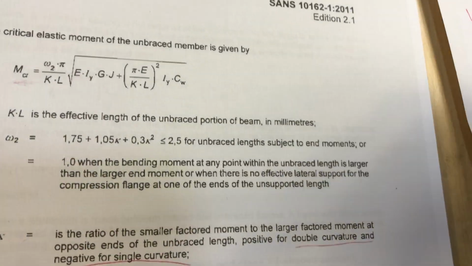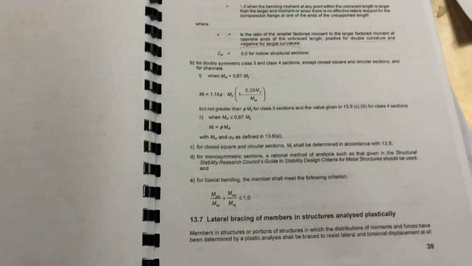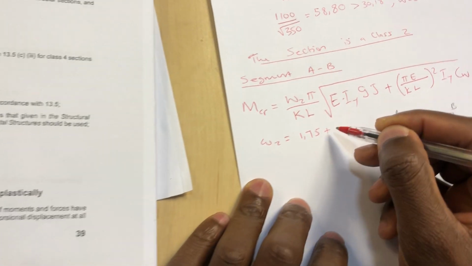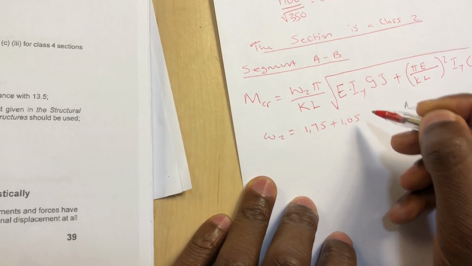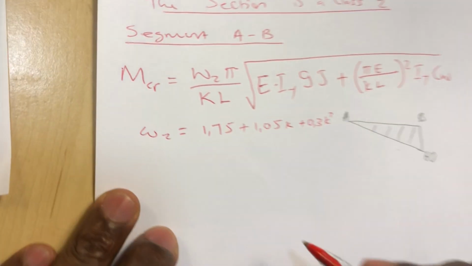For our case, ω2 equals 1.75 plus 1.05 κ plus 0.3 κ squared.